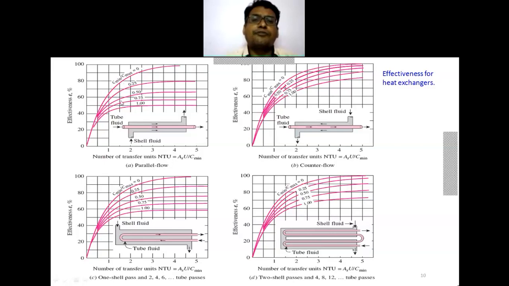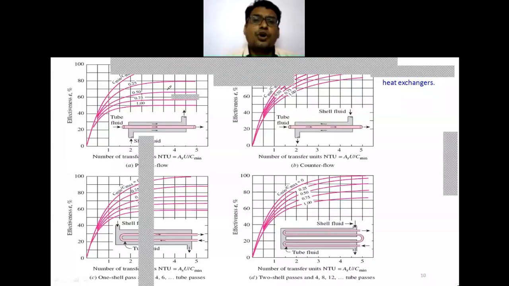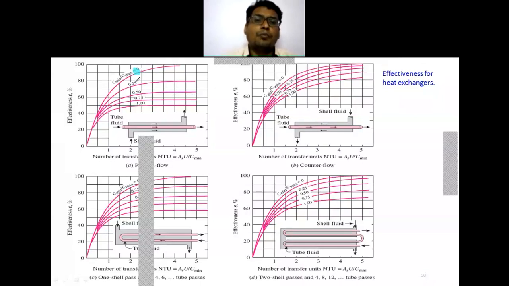So the graph behavior is like this, and the ratio of C minimum to C maximum, that is the capacity ratio, can be taken as 0, then 0.25, 0.5, 0.75 and 1. All these are different C ratio values.